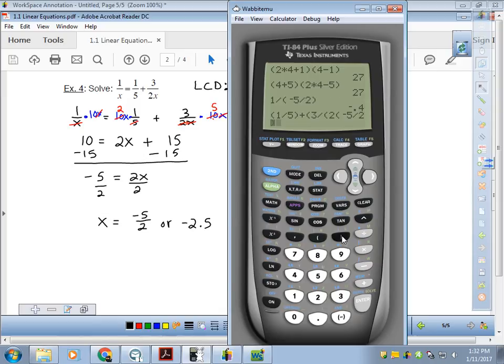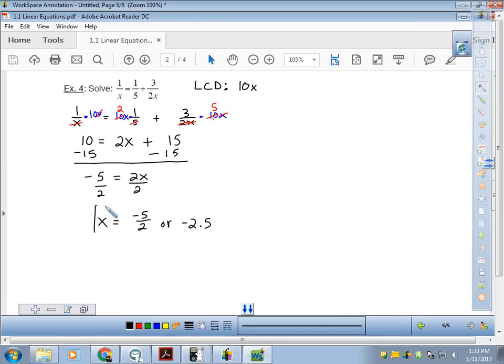Then I'm going to close the parentheses for the negative 5 halves, then close the parentheses for the times 2 here, and then close the parentheses on the bottom. It's kind of crazy. Lots of parentheses on that one. But we also get negative 0.4, so we can feel pretty confident with our answer. We're pretty good. Okay?